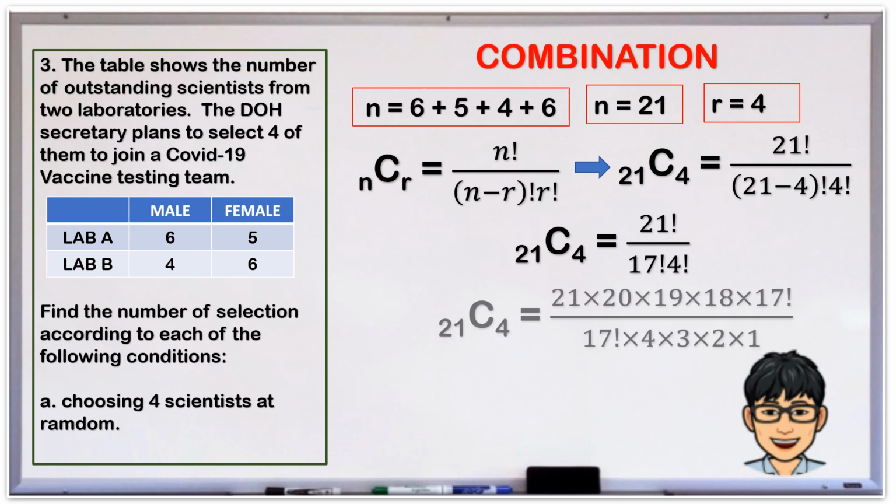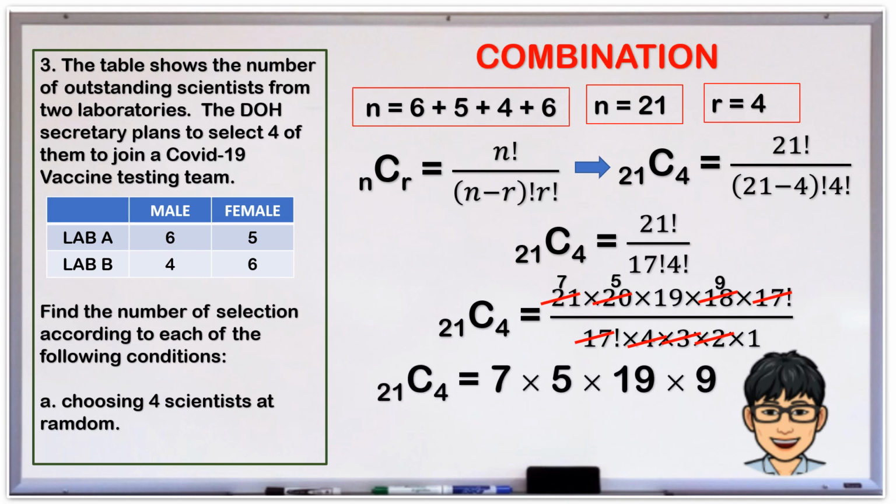To simplify, 21 factorial is equal to 21 times 20 times 19 times 18 times 17 factorial divided by 17 factorial times 4 times 3 times 2 times 1. Now let us divide 17 factorial by 17 factorial, and that is equal to 1. 20 can be divided by 4, and that is equal to 5. 21 can be divided by 3, and that is equal to 7. And 18 can be divided by 2, and that is equal to 9.